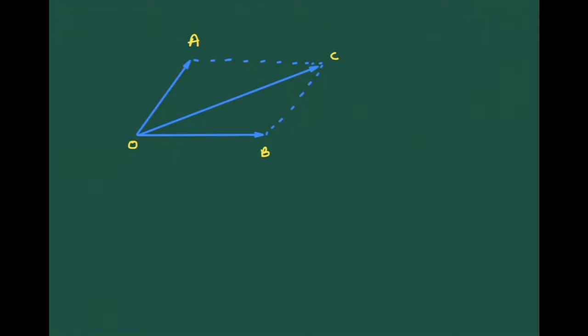So this is the law of parallelogram. Once again, if you have two vectors acting at a point, then we can represent these two as adjacent sides of parallelogram. Now construct a parallelogram. And the resultant is this.